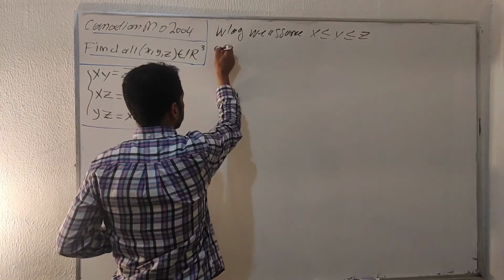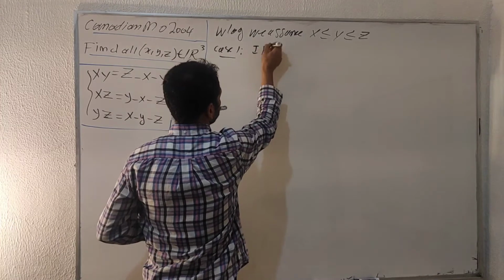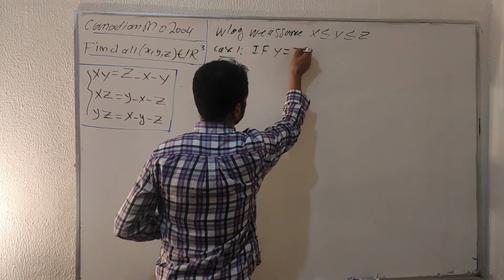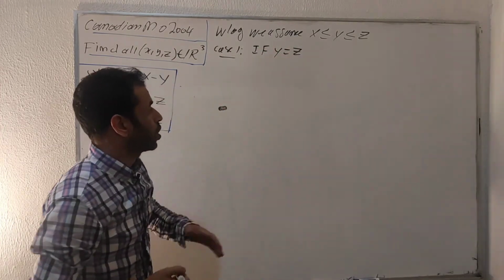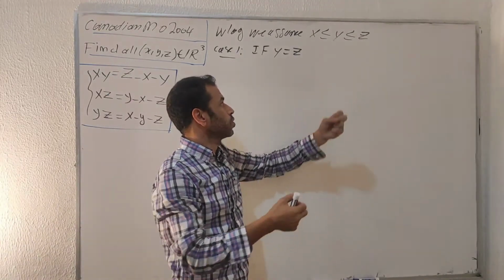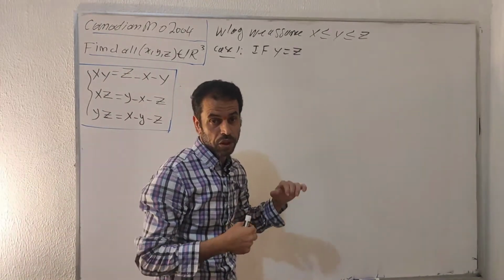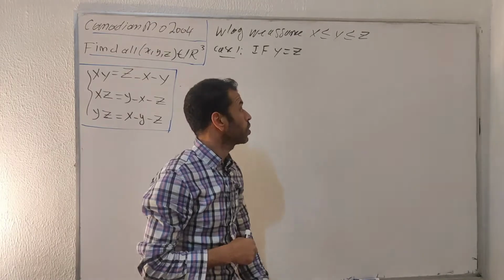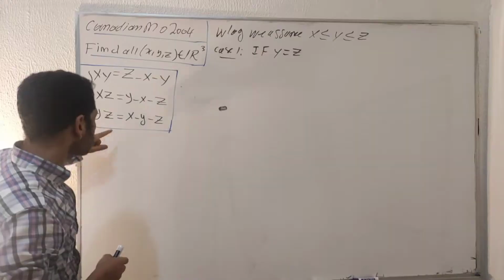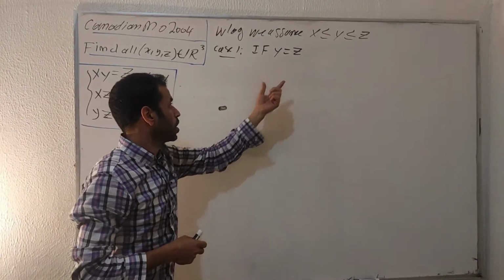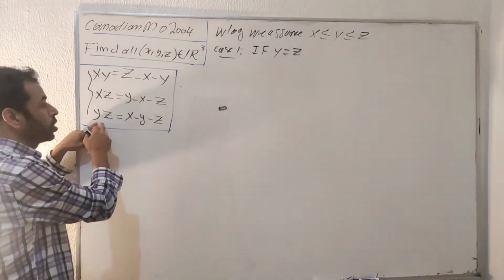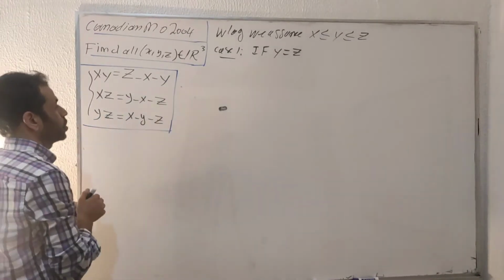Case number one, if y equals z. We are going to fix two variables, giving equality to two variables and leaving the other one free. I'm going to take this equality and insert it in the last equation, since we have the product yz here.